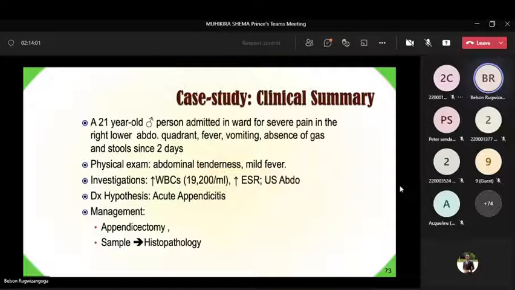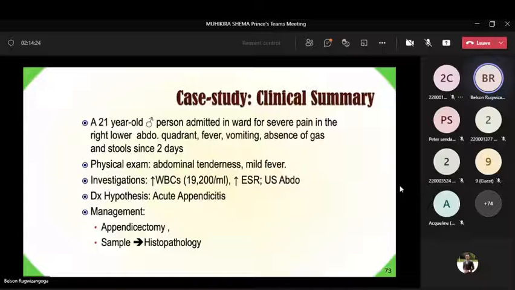On the physical examination, the patient had abdominal tenderness and mild fever. Investigations showed an increase in white blood cell count at almost 20,000. The normal is below 10,000.